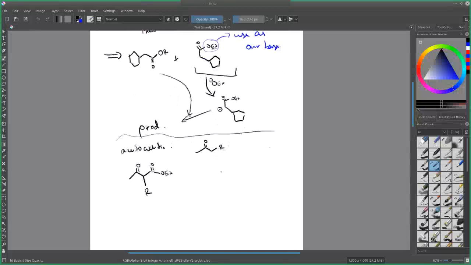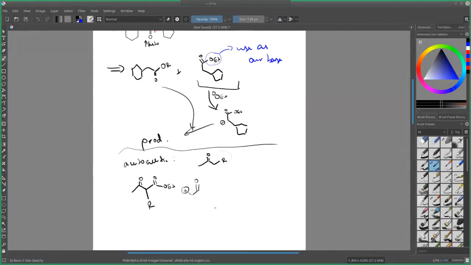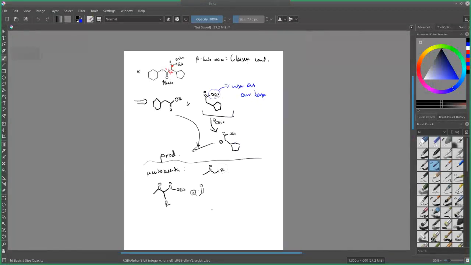So let's say, maybe an alternate synthesis of this molecule would be if you had this six-membered ring. Let's see, how do I zoom? There we go.